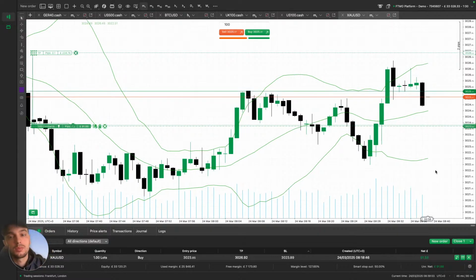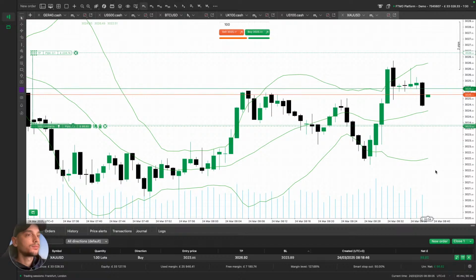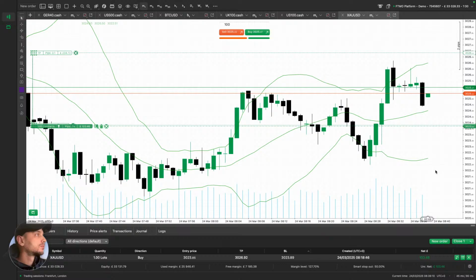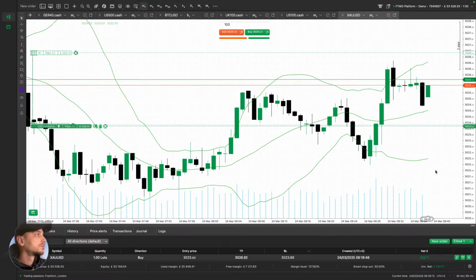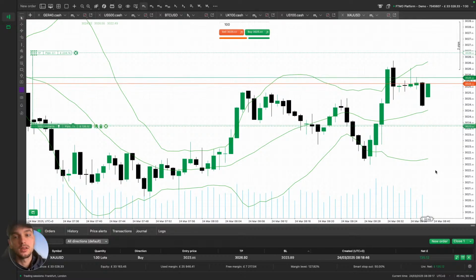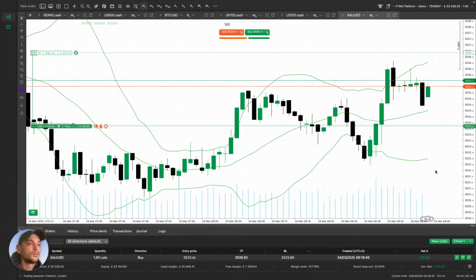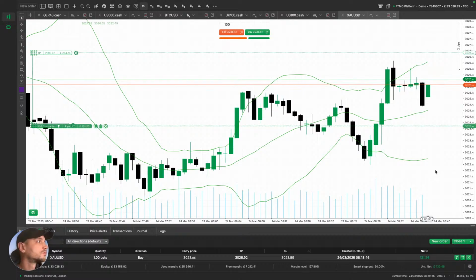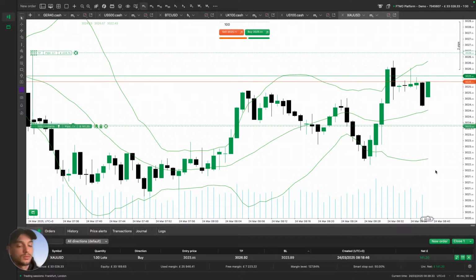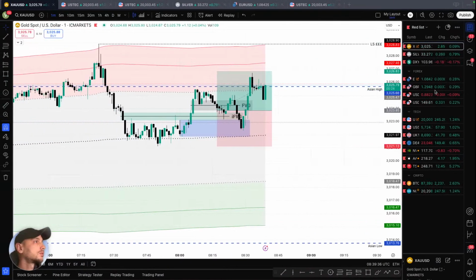If we get rejection just before our TP, it would be nasty if we take an L just before our TP. So let's play it safe. Again, just let me see how Nasdaq is doing.